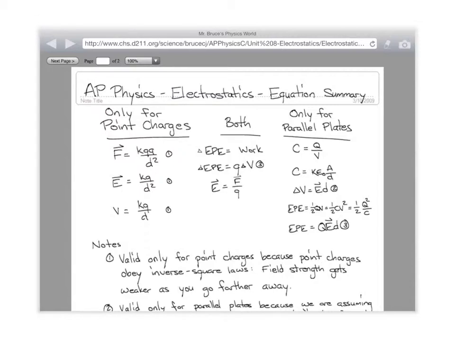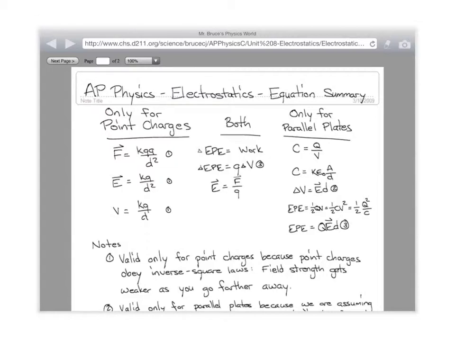We're going to talk a lot about what you can and can't model as a point charge later, just not today. But anything that's tiny could be modeled as a point charge. So a little pith ball or a hunk of lint could be a point charge.